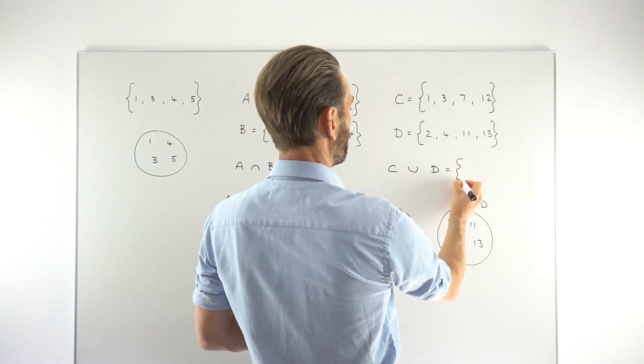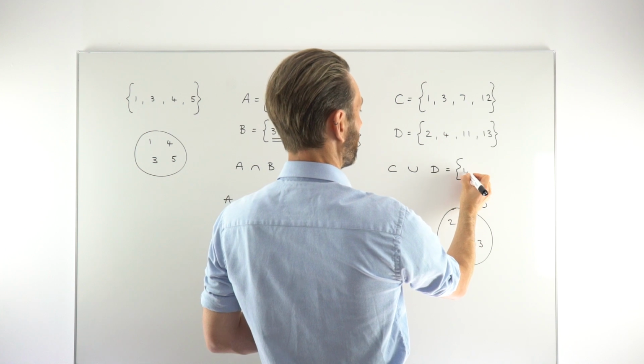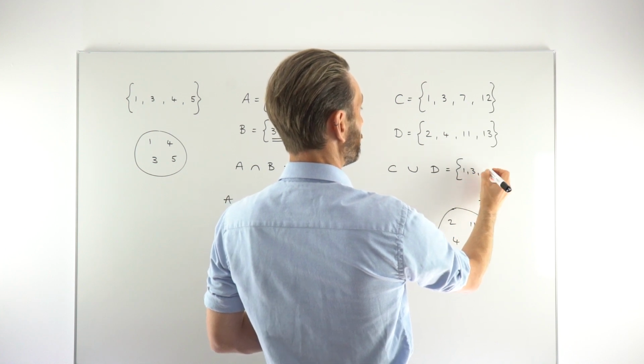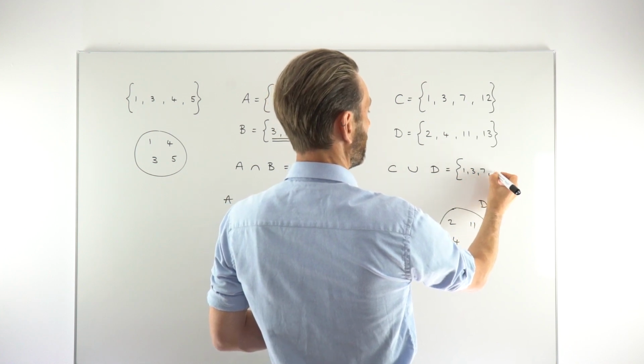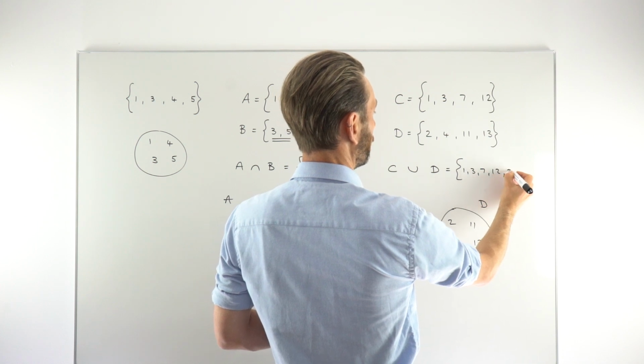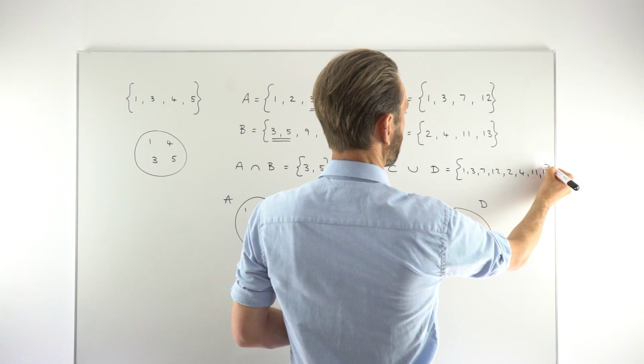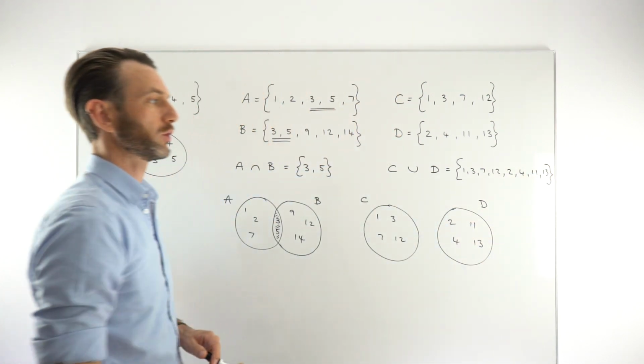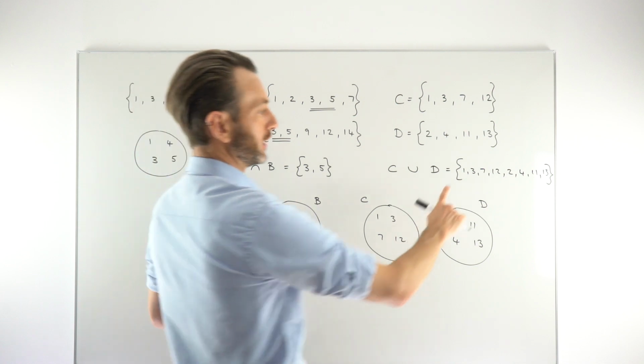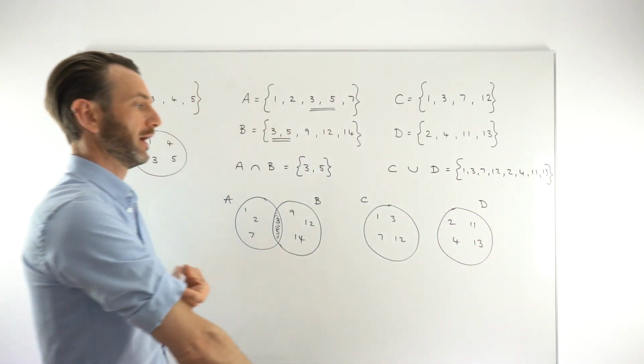And in set notation, we would just literally put them all together. So we'd say, this is going to be the superset, I guess, 1, 3, 7, 12, and also 2, 4, 11, and 13. And you could put those in numerical order as we normally would, but just to show that they're getting all included in the same set like that.